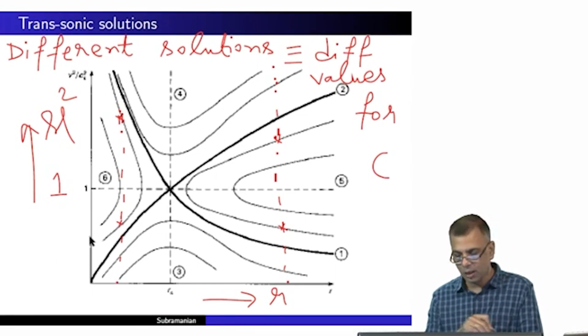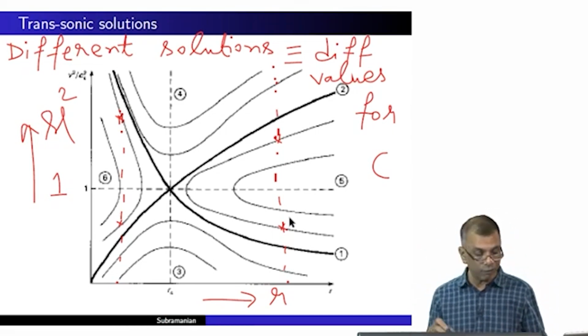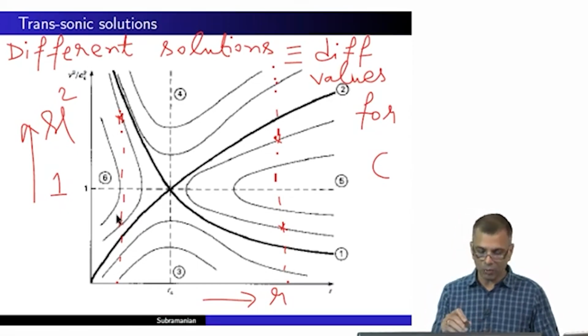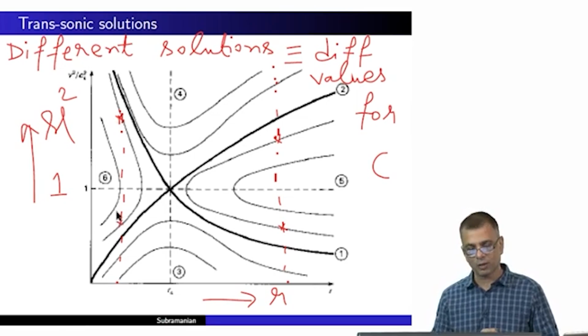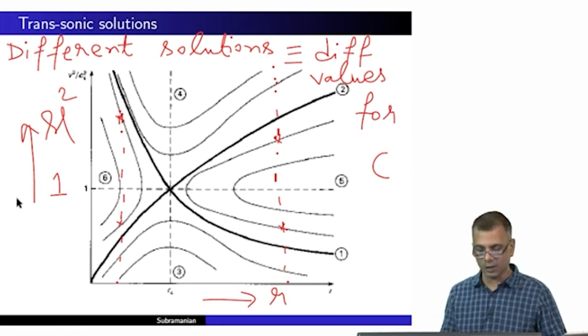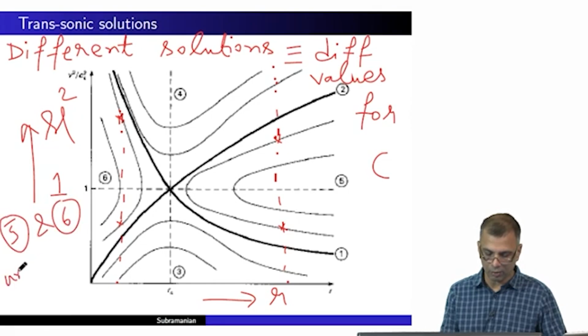In other words, both solutions of the kind 5 and 6 predict double valued solutions, 2 values for the Mach number. And that is clearly unphysical. So, solutions of the kind 5 and 6 are unphysical.